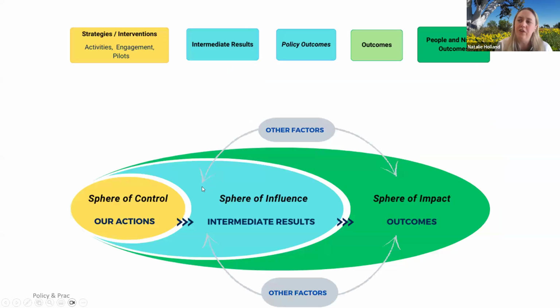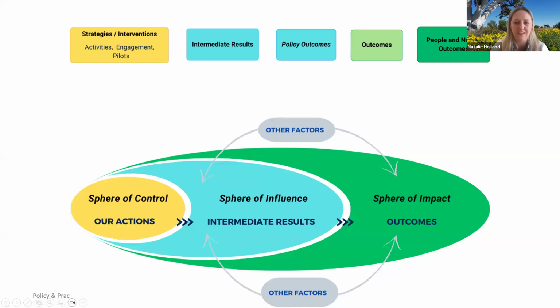The other thing I wanted to note just before we get into how it fits into the conservation planning process is that you may be familiar with the idea of sphere of control, sphere of influence, and then sphere of impact. In relation to policy, we find it's helpful to understand that the policy outcomes we're working towards are always going to be outside our sphere of control, because we're relying on decisions and actions being taken by others.